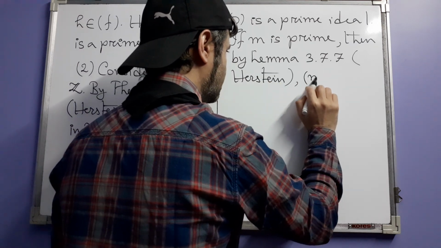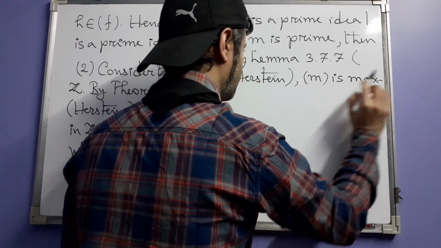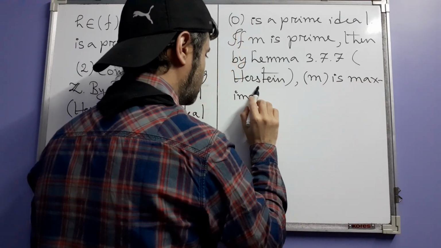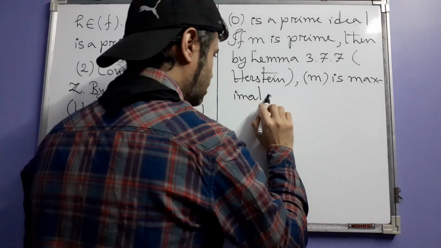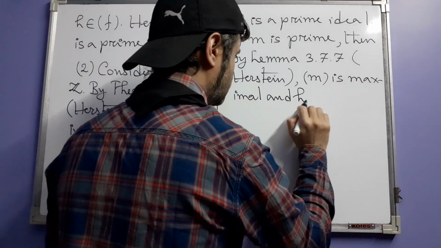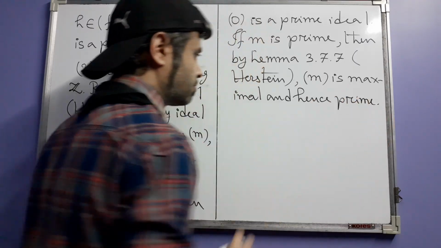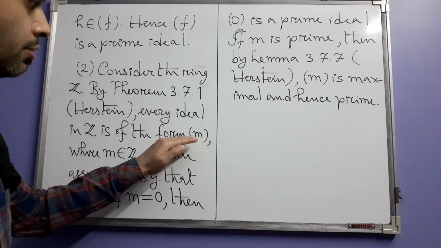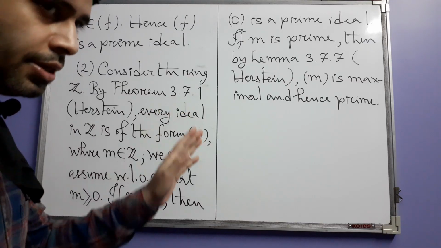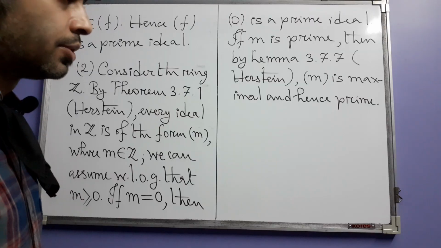Actually, that lemma says that this is maximal, but we already know that every maximal ideal is prime, and hence prime. Okay, so if m is 0 or a prime number, then we are getting prime ideals.